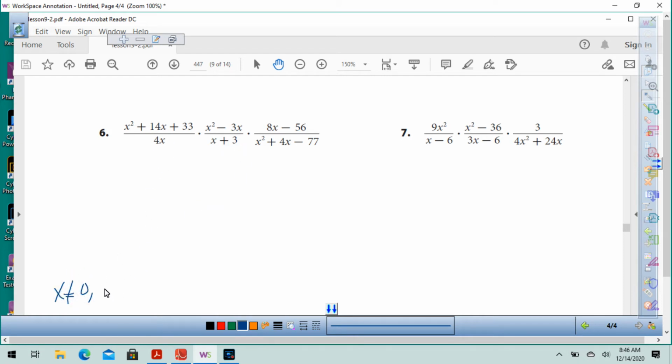X is not equal to negative 3. Now, I'm not sure about this one. It's positive and negative, so we're going to have x plus 11 and then x minus 7. Does that help? Sure it does. That's a factor, so it cannot equal negative 11 and it cannot equal 7.